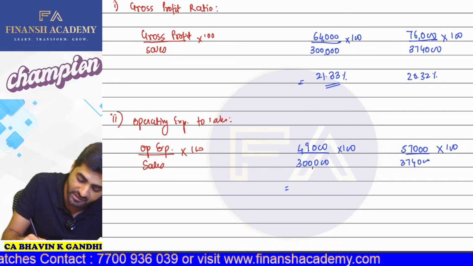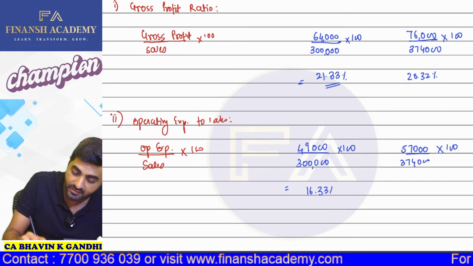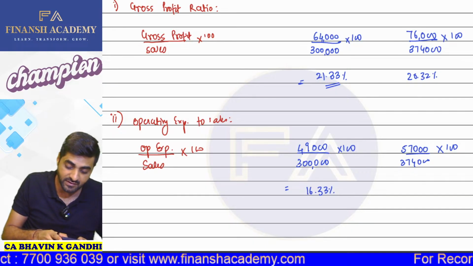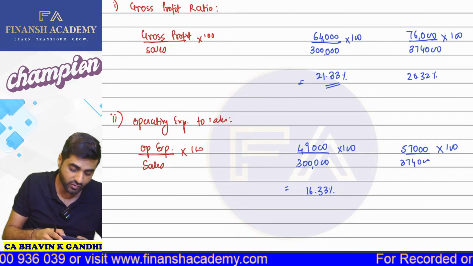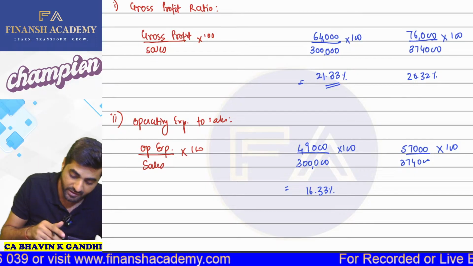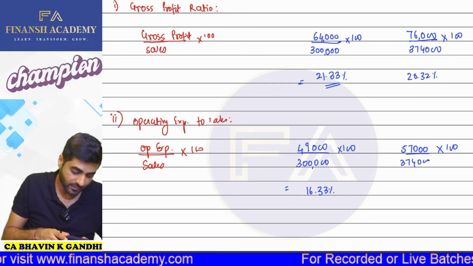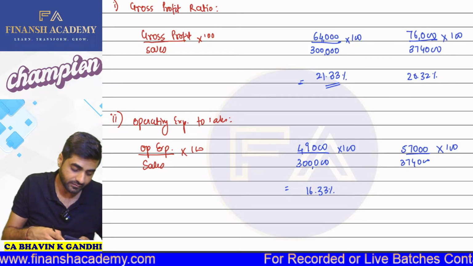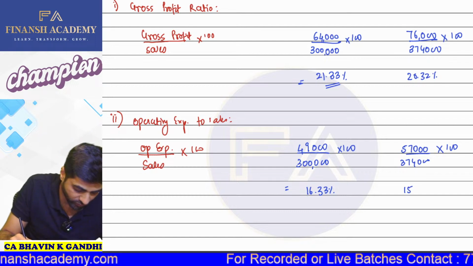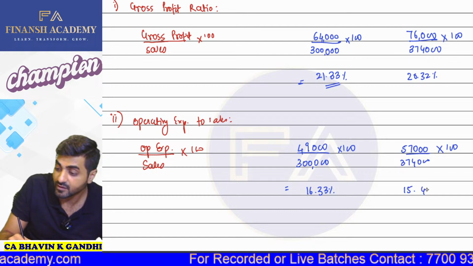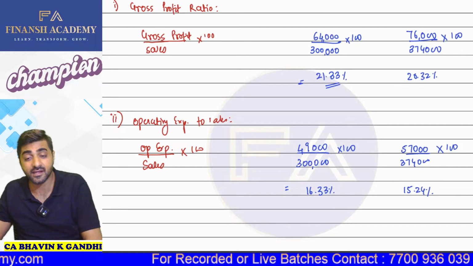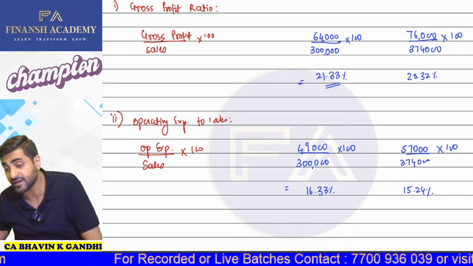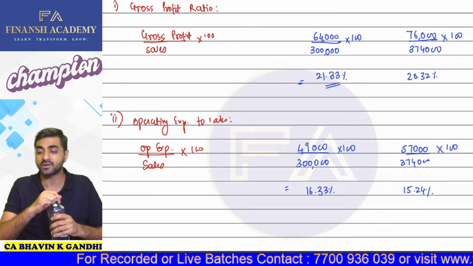So this will be 16.33%. And this one is 57,000 divided by 3,74,000 into 100. So this will now be 15.24%. I hope you all are getting the same answers. So this is 16.33% and 15.24%.